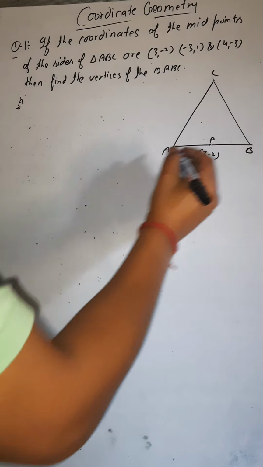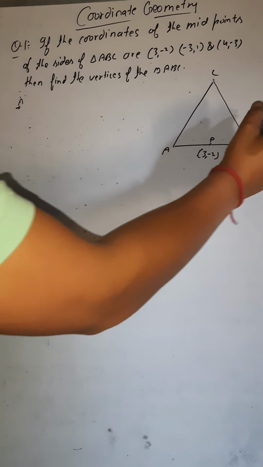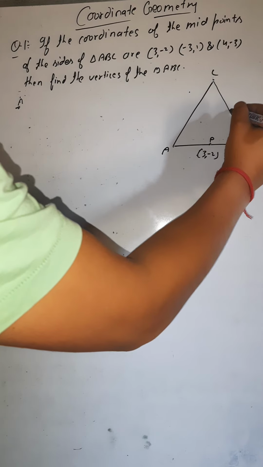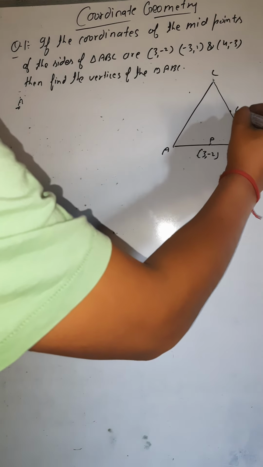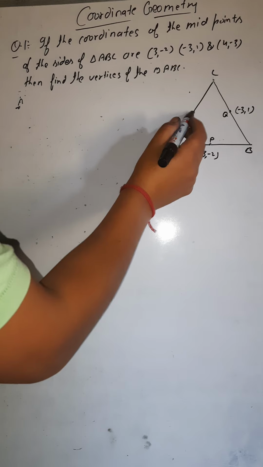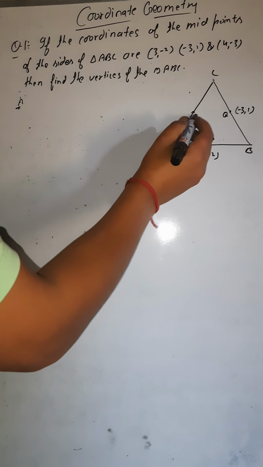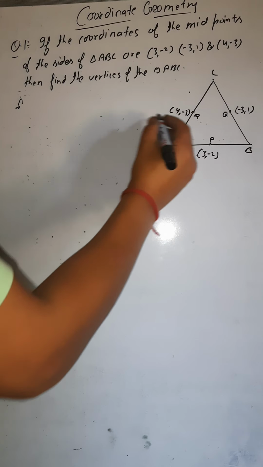Let's say it is P. Now this is the other side BC. Let's say the midpoint is here, and the coordinates again have been given as (-3, 1). Let's say this is the point Q, and one more, the midpoint of the third side. Let's say this is the point R. The coordinates have been given as (4, -3).